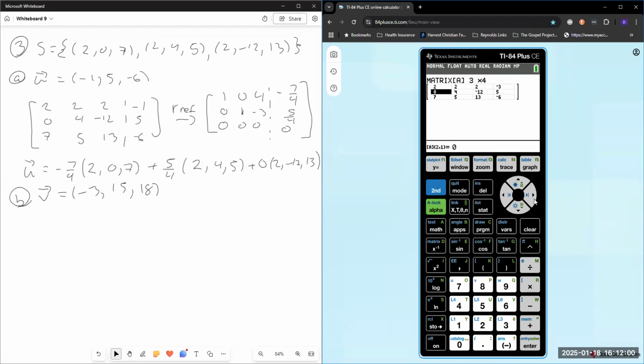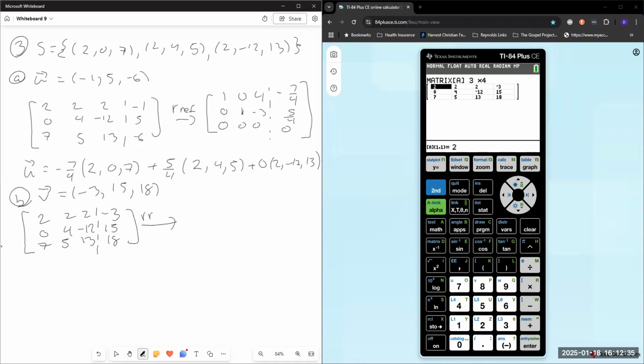So we have 2, 2, 2, -3, 0, 4, -12, 15, 7, 5, 13, 18.